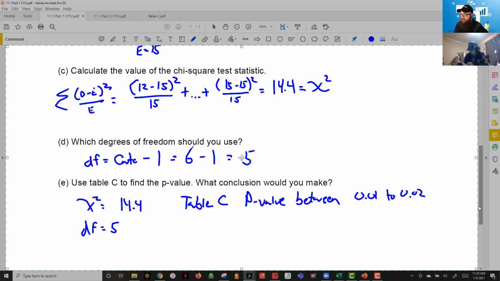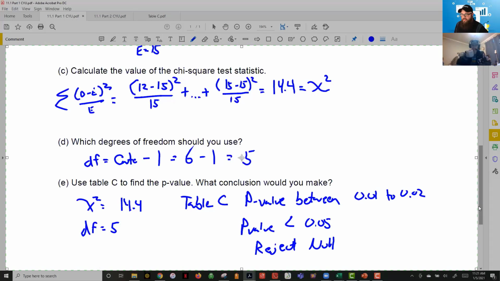I'm going to write out that the p-value is less than 0.05, and then I would reject the null.